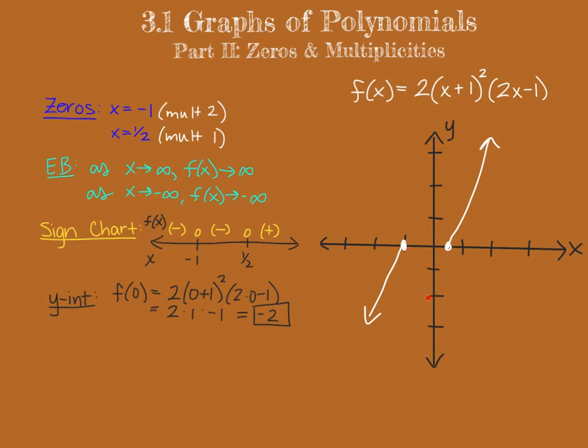We have to hit this value here, the y-intercept of negative 2. So our graph can't go up here. It has to bounce back from this zero at negative 1 and hit this. Now I don't know if it goes down more and then comes back up. I'm not sure. But we're providing a rough sketch and this is enough information.